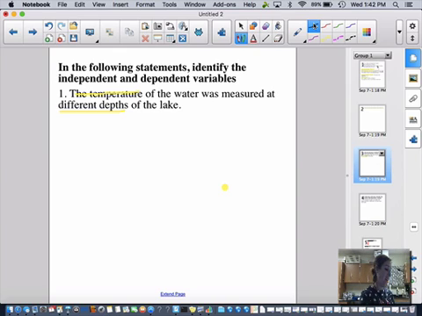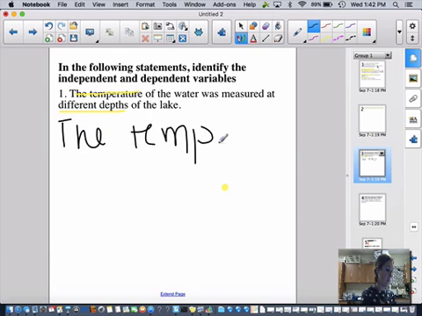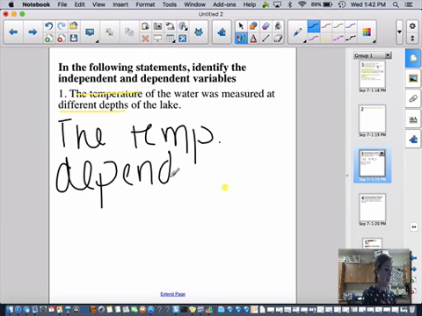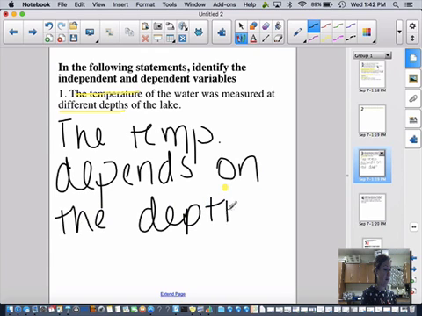So I'm going to rewrite this. The temperature depends on the depth of the lake.